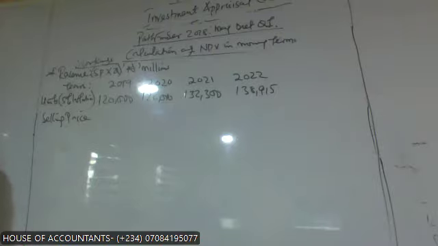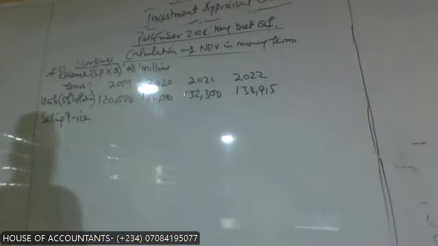Are they of the same inflation? The inflation with respect to revenue is 5%, while the inflation with respect to cost is 3%. So they are not the same. Are you getting it? The selling price and cost price.